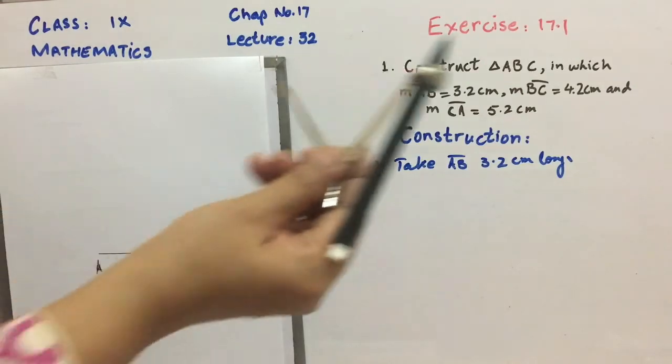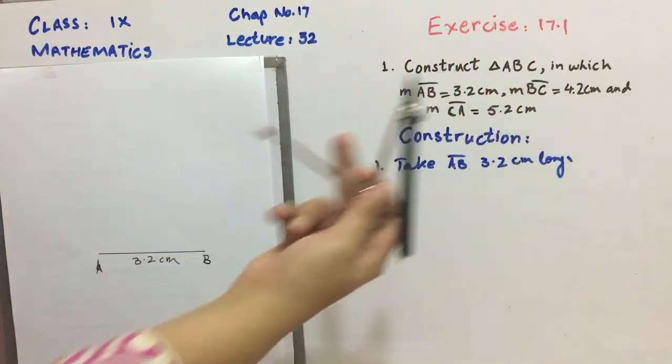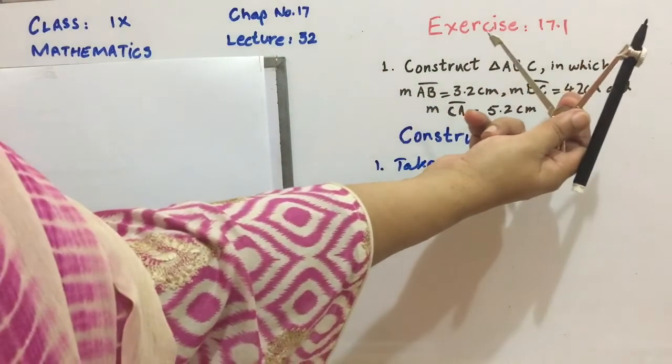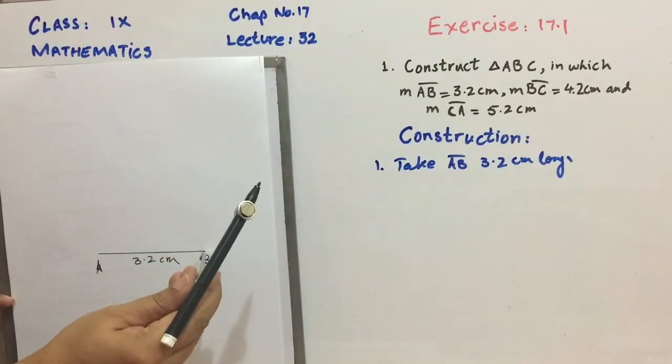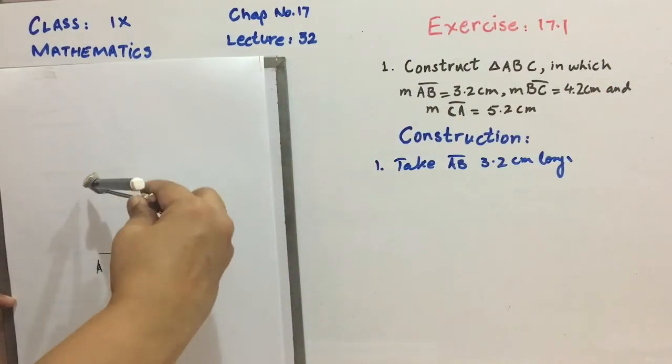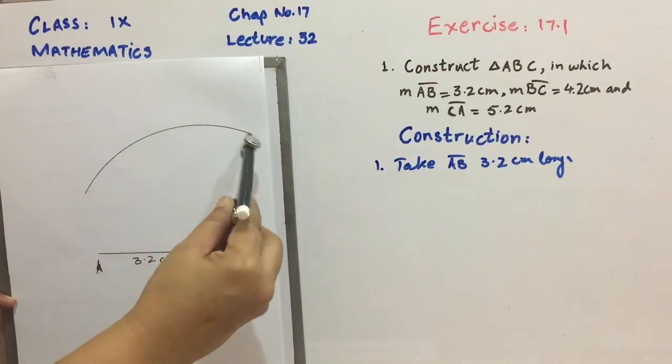Now with center B and radius 4.2 centimeters, mark an arc.